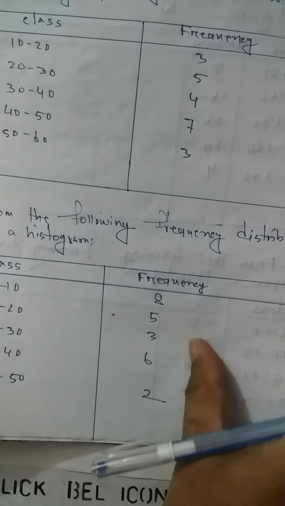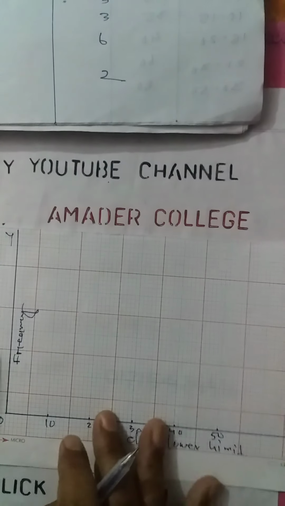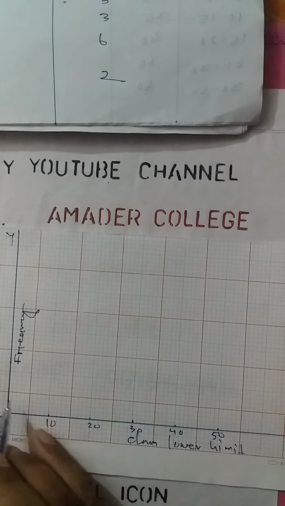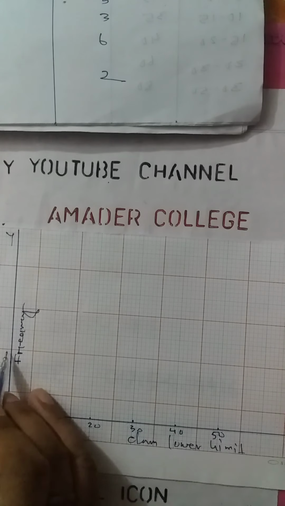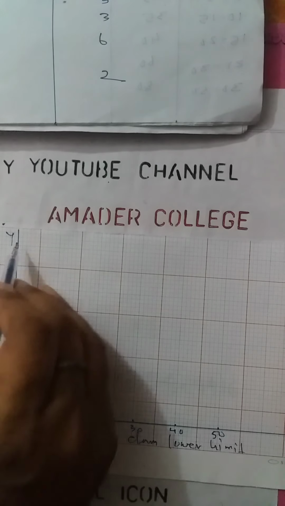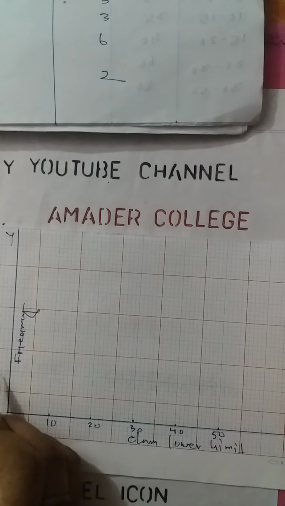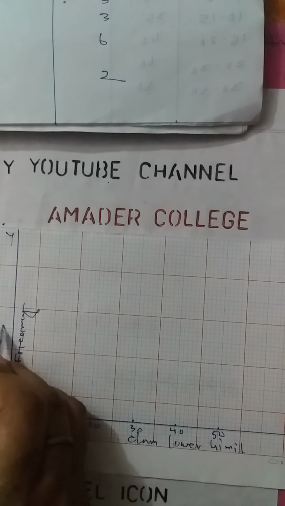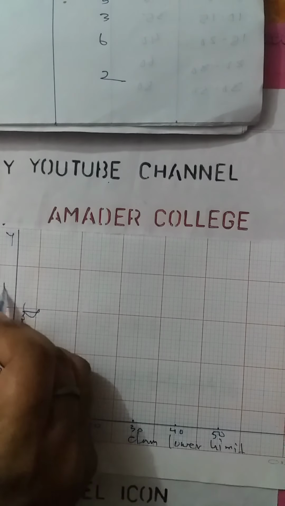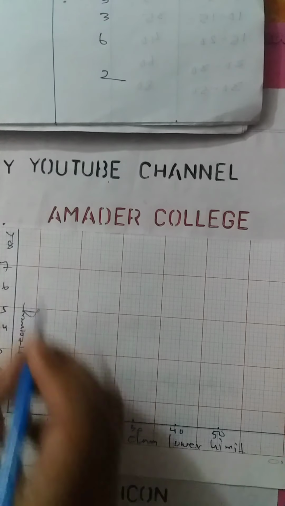And the vertical axis indicates class frequency. The class frequency lowest value is 2 and the top value is 8. Then mark 1, 2, 3, 4, 5, 6, 7 and 8.